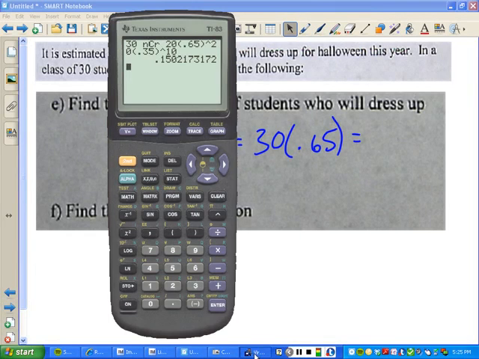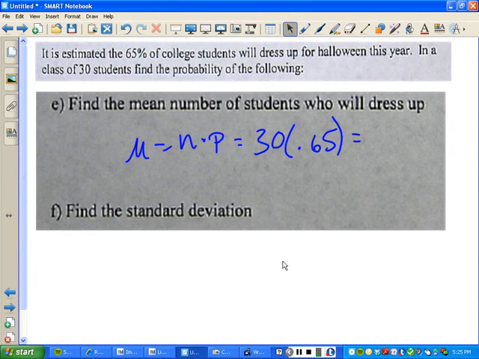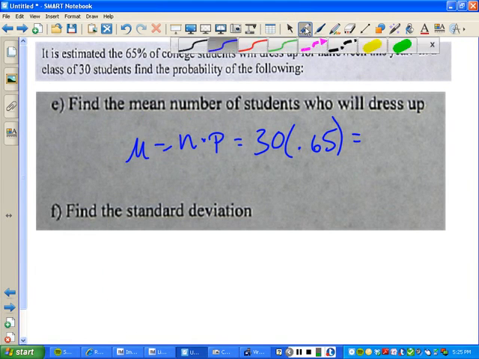What's 30 times 0.65? You see, I would do that in my head, but then you'd call me a nerd, and I don't want that. 19.5. Did you do that in your head, Grace? Oh, you didn't? Okay. I didn't want to call you a nerd. 19.5.